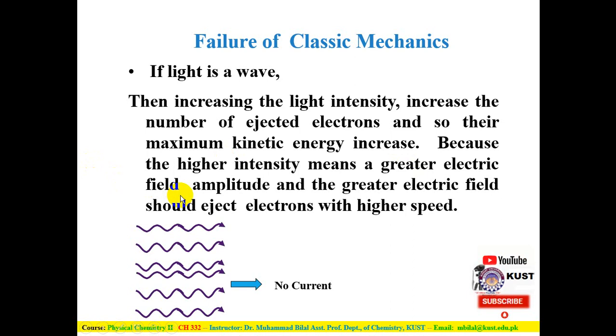This greater electric field amplitude will have more potential to cause the ejection of electrons, but practically no current is produced. So here classical mechanics fails to explain why there is no ejection of electrons at higher intensity.